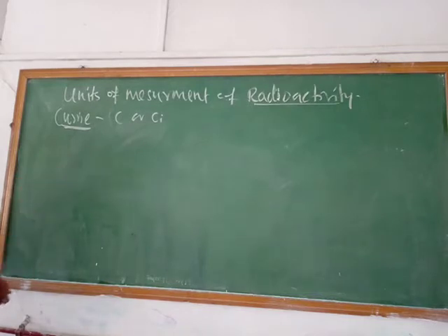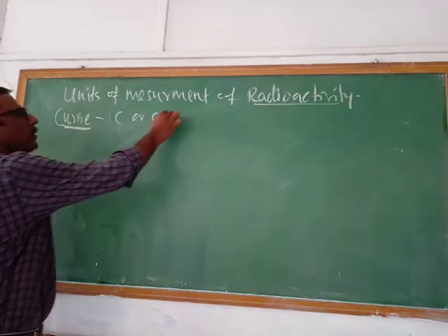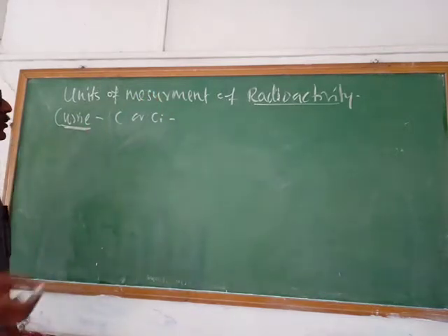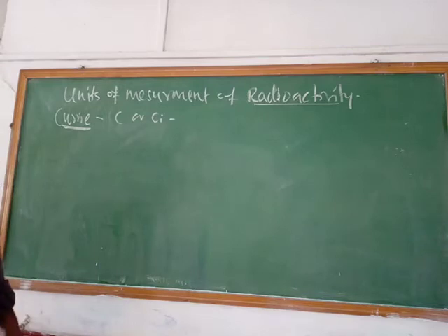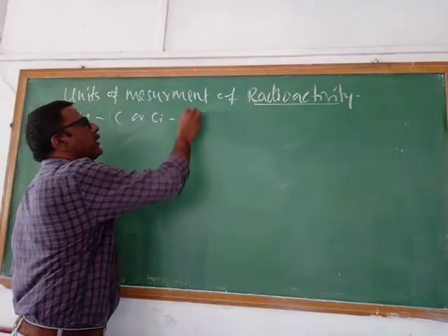A curie is the quantity of radioactive substance undergoing 3.7 into 10 raised to 10 disintegrations per second. That's the definition of curie. Curie means it is the quantity of radioactivity.